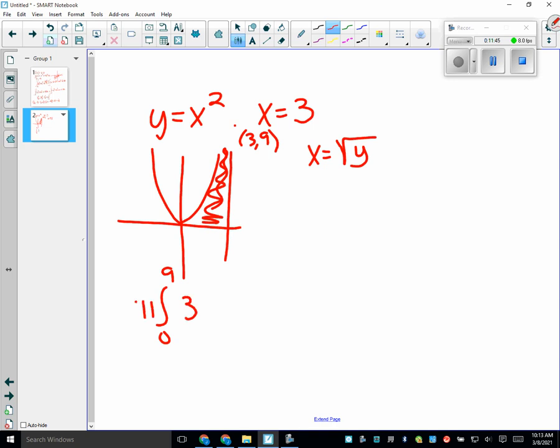Of pi times 3 squared minus radical y squared dy? Okay, where do we get 3 squared? R squared, right minus left.